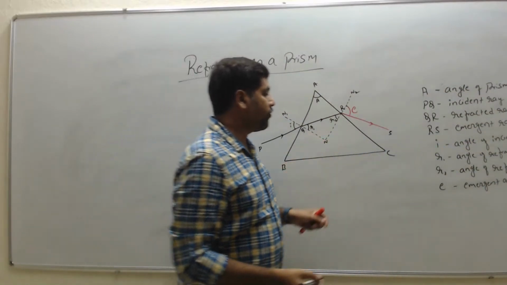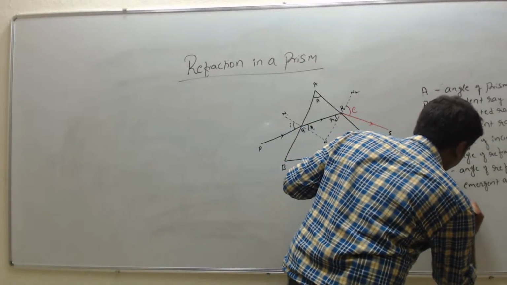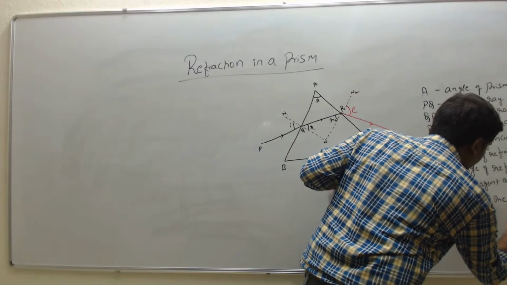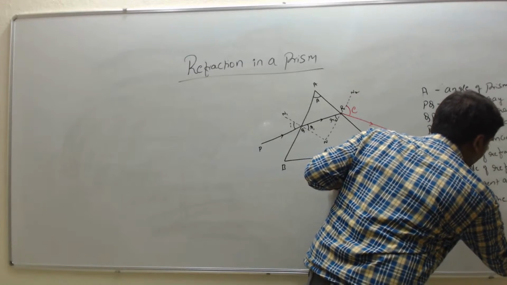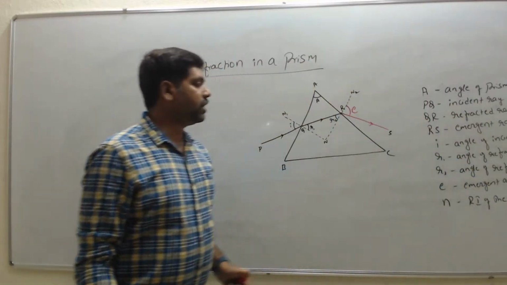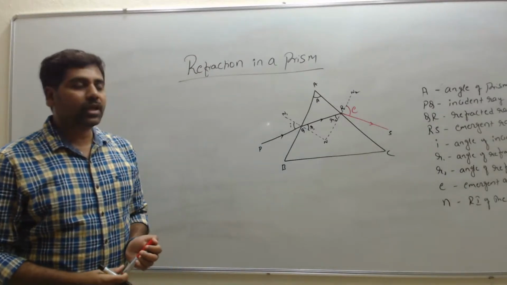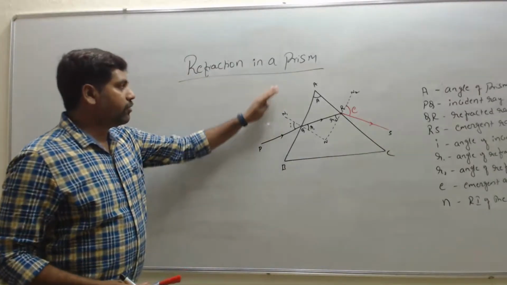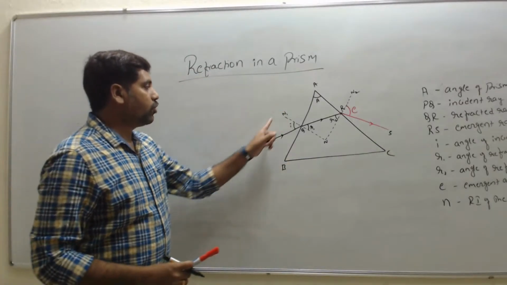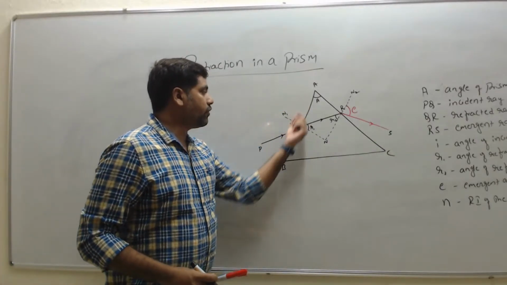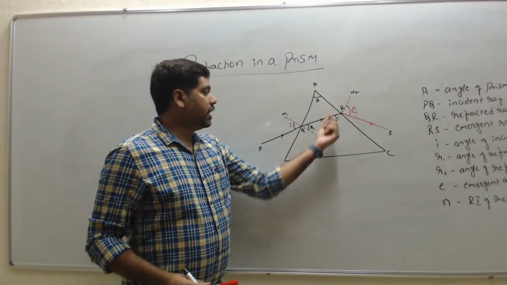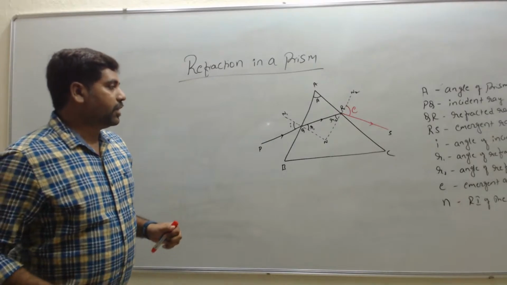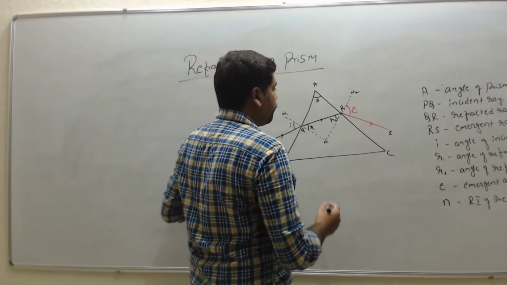Considering N as the refractive index of the glass prism, N is the refractive index of the prism. So these are the terminologies. Here we are going to observe that N1N is the normal to the first surface AB, and N2N is the normal to the second surface AC. Next is the angle of deviation.